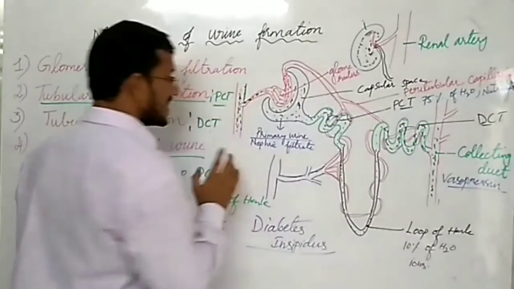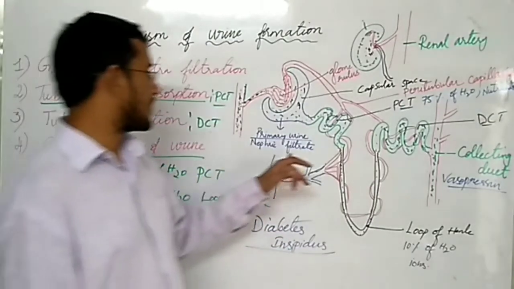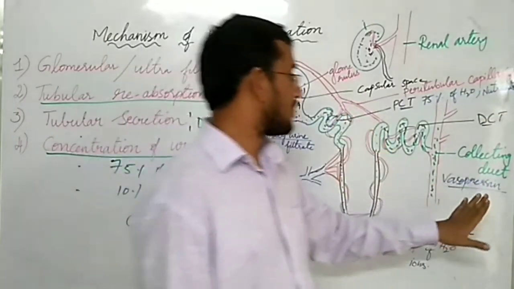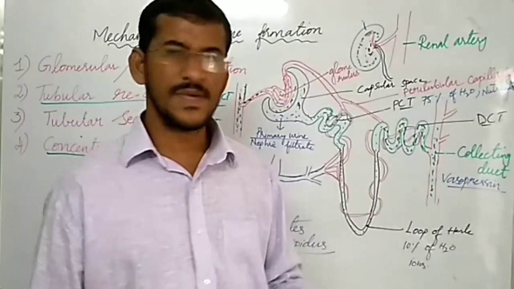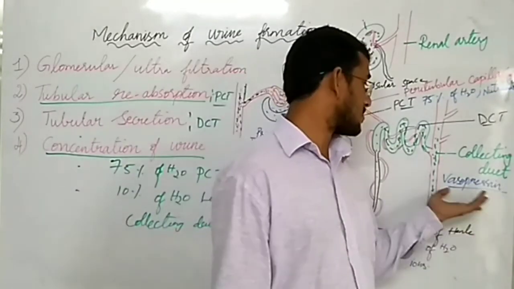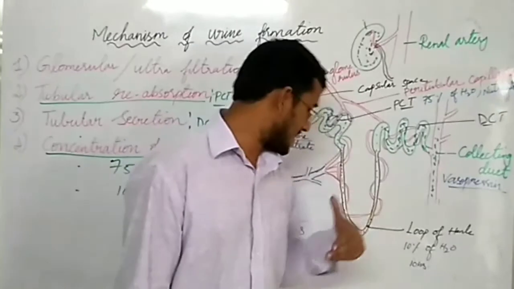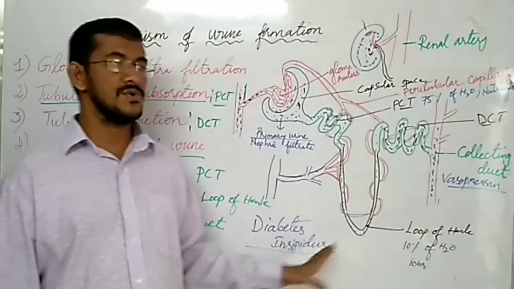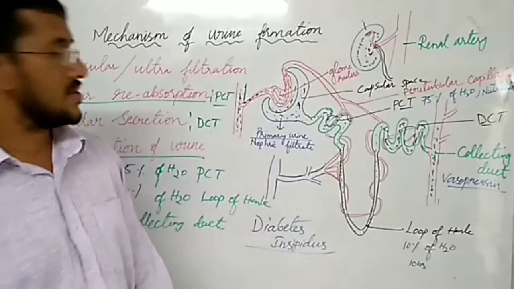Whenever water has to be absorbed from nephric filtrate, vasopressin hormone is released. But due to some defects, vasopressin hormone is not released. If not released, it leads to diabetes insipidus, where you'll go to the washroom more times for urination.